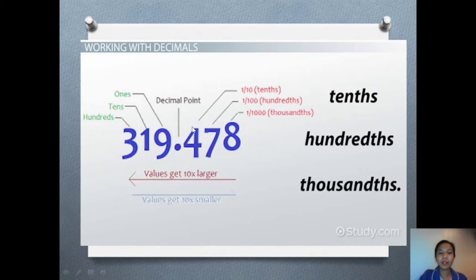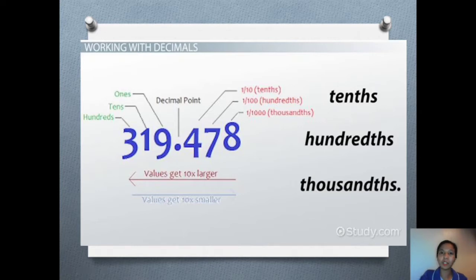Now, the place values after the decimal point. We have here number 4. The first number from the decimal point, the place value is tenths. As you have noticed, the whole-number side starts with ones, but here it starts with tenths, because there's no unit.